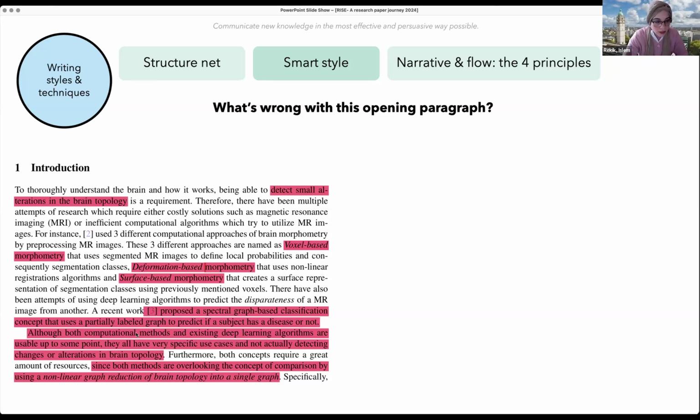Yes, a recent work talking about spectrograph analysis, predicting a disease or not. So classification, random morphometry, random topology, nothing is connected. I don't see where it's going. I have completed the reading of the first paragraph and I have no idea what this paper is about. This is the worst thing you can ever do to a reader, from the first two sentences to the end of this paragraph.